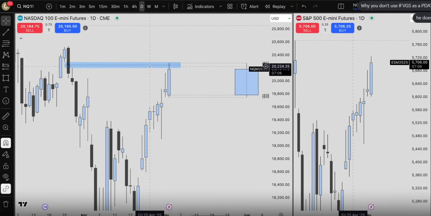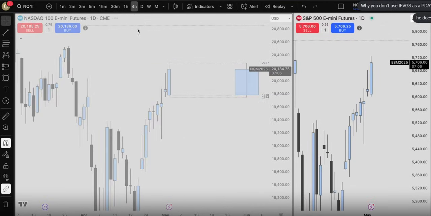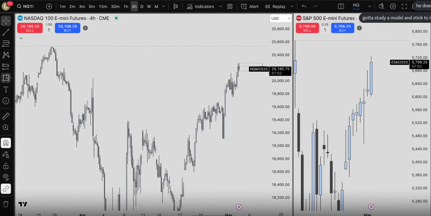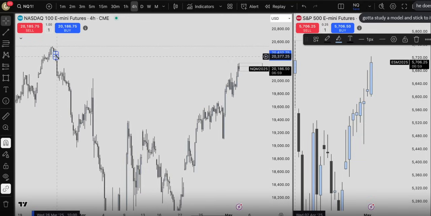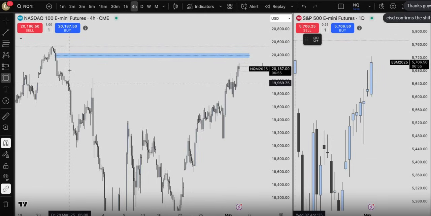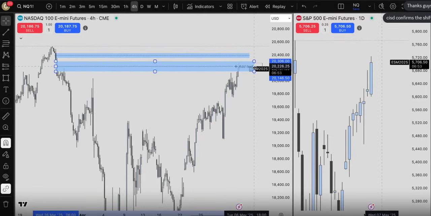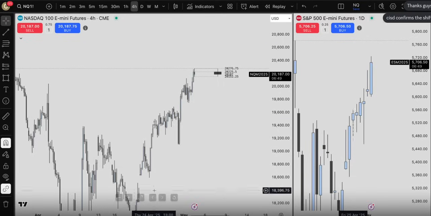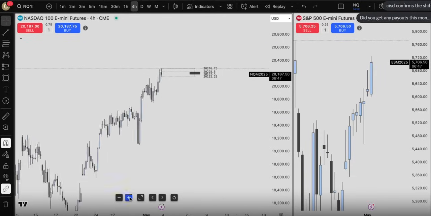And then on the 4-hour time frame, what do we have? We have this unmitigated 4-hour bearish fair value gap, and then we have this 4-hour fair value gap. So lots of bearish PD arrays that are aligning right now. Why would I be bullish?